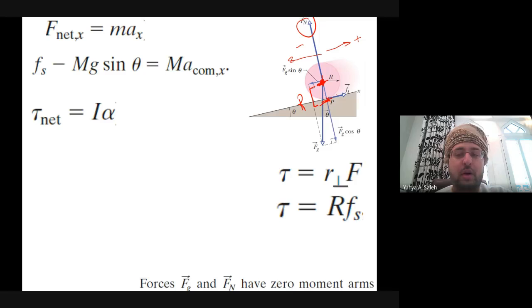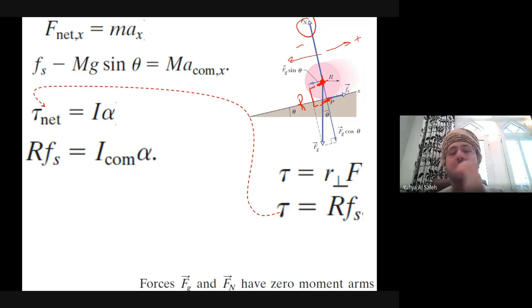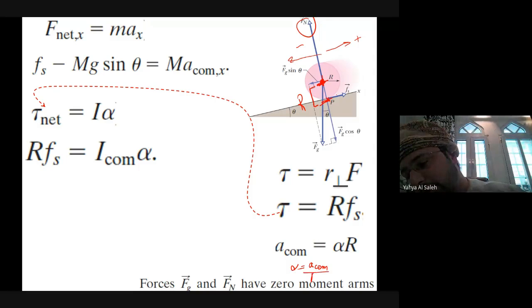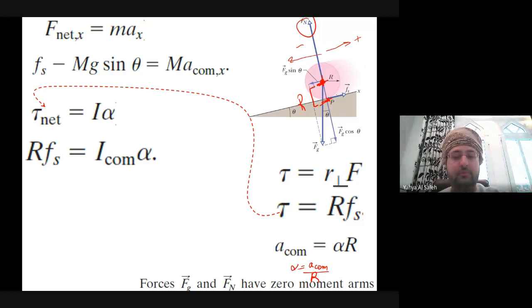Torque equals R cross F. In this case, it's only R Fs. So I will substitute that. R Fs equals ICOM alpha. ACOM equals alpha R, which means alpha equals ACOM over R.